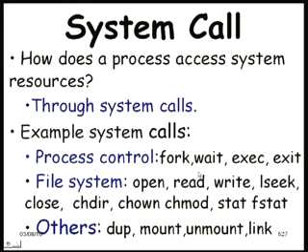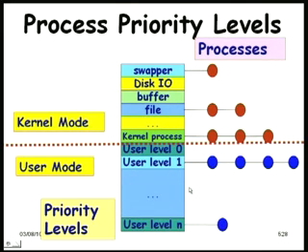For example, fork, wait, exec, etc. File system calls: open, read, write, lseek, etc. There are other calls like the pipe call, dup, then mount device, unmount, link. And we will discuss this diagram with much more elaboration, but this is a basic issue here.